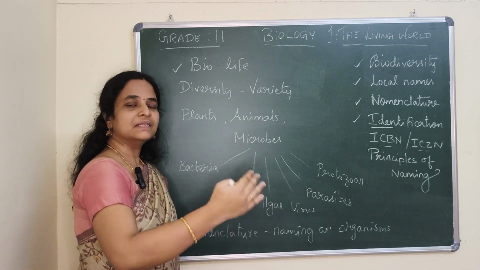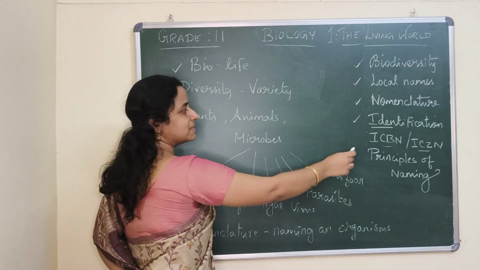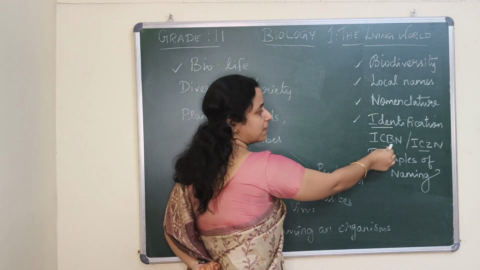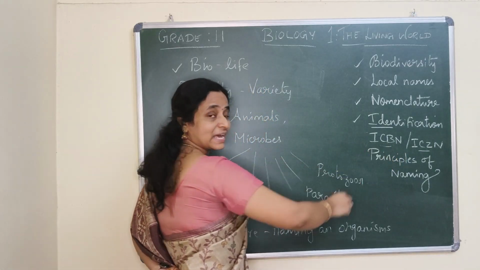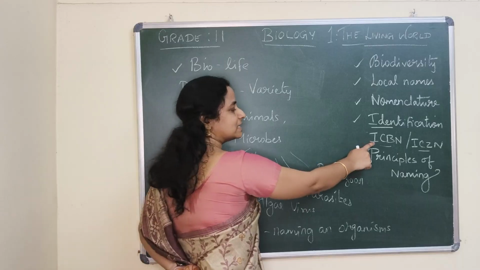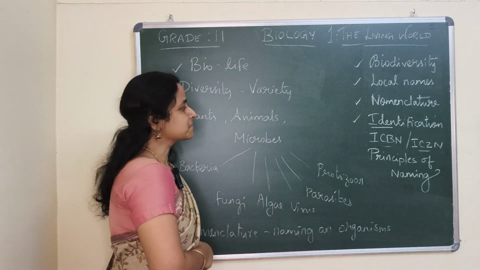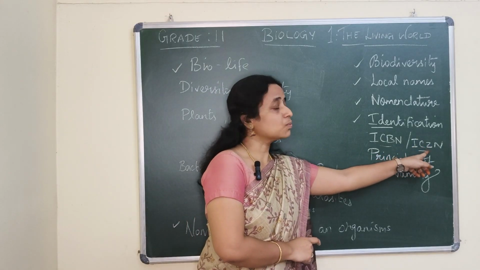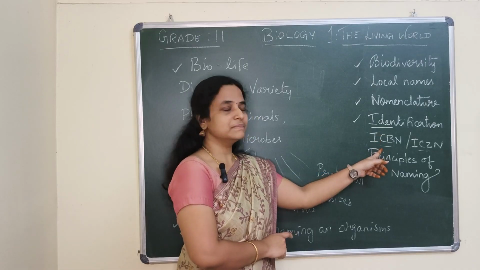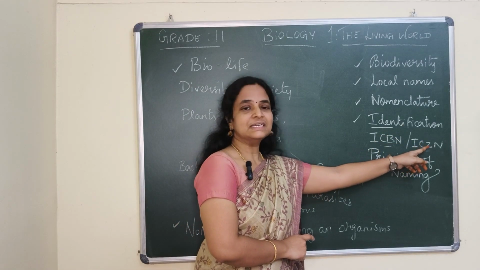If it is an animal, that comes under zoological nomenclature. Biology is common for everything. So International Code for Botanical Nomenclature, this is for plants, and International Code for Zoological Nomenclature, this is for animals. So naming a plant comes under ICBN and naming an animal comes under ICZN.